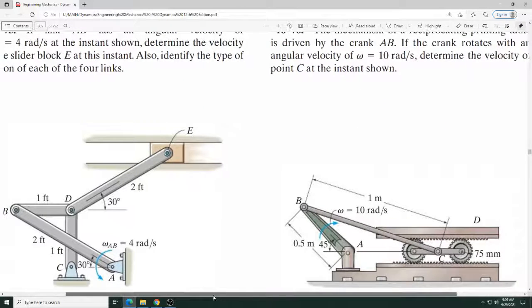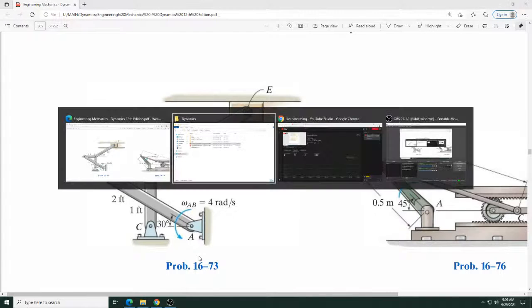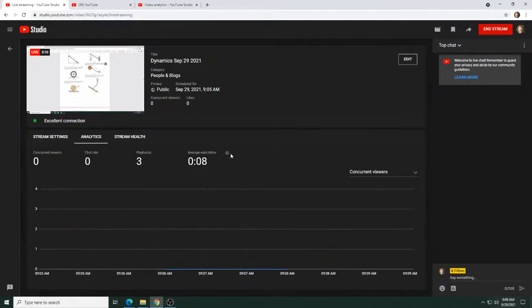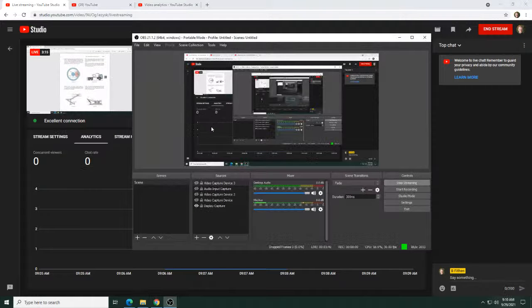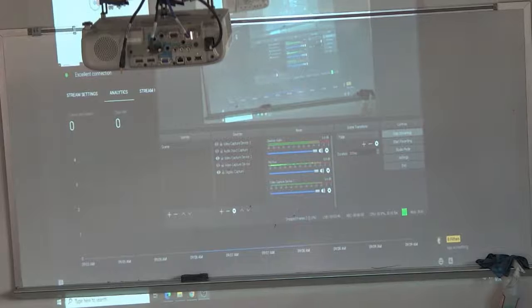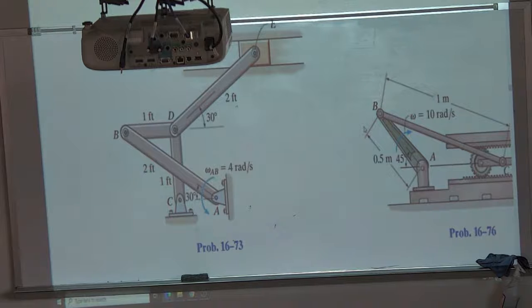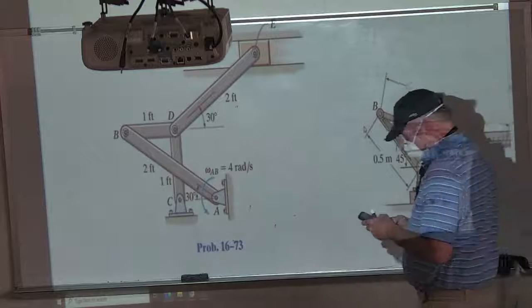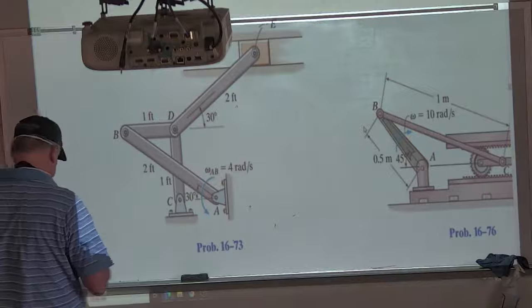I like that one, so let's look at that one for a moment. Let me make sure that I have the correct screen here. All right. I will have to wait a moment for this to catch up with this.